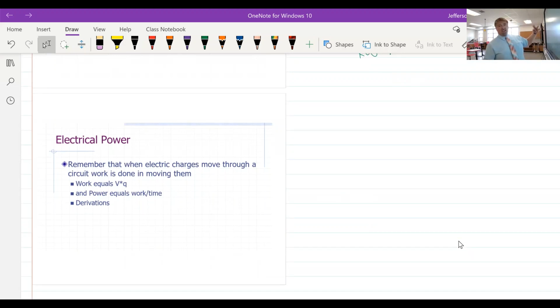So this is something we've alluded to. Power, remember, now I'll show you the derivation here. Power is equal to work divided by time. That's from back in mechanics.